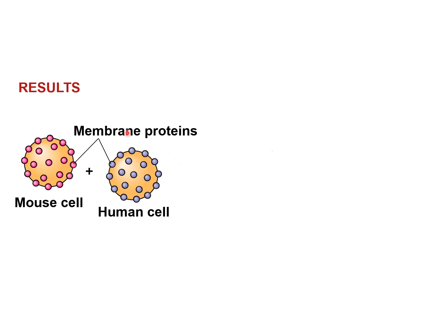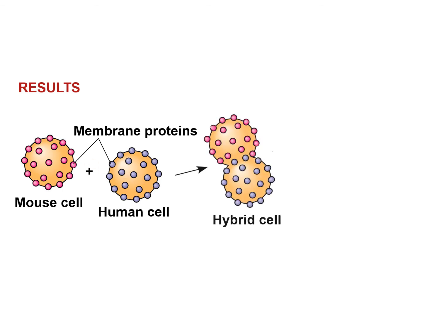What you have is you're going to create what we call a hybridoma. You should write that down, hybridoma, because what you do is you take a mouse cell that has membrane proteins with a certain color marker, and you take a human cell that has a different color marker, and using the right techniques, you can get them to merge.